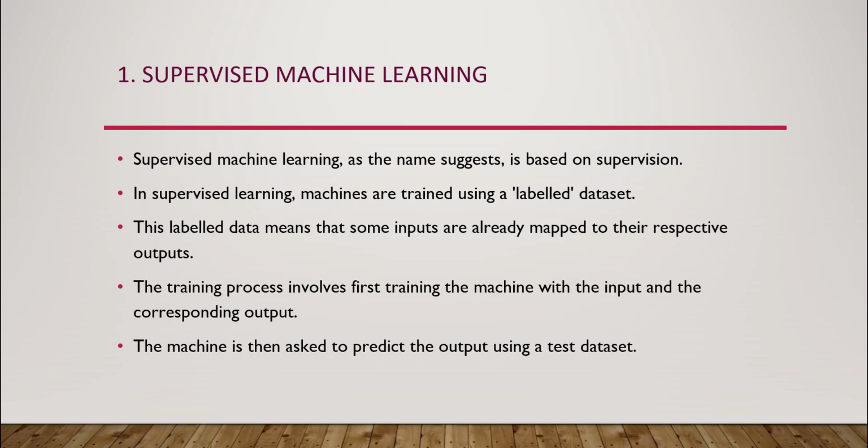We will discuss classification in the next slide, but you should have the labeled data set. If you don't have the labeled data set, then it is not supervised machine learning. Labeled data means that some inputs are already mapped to their respective outputs, and the training process involves first training the machine with the input and the corresponding output.